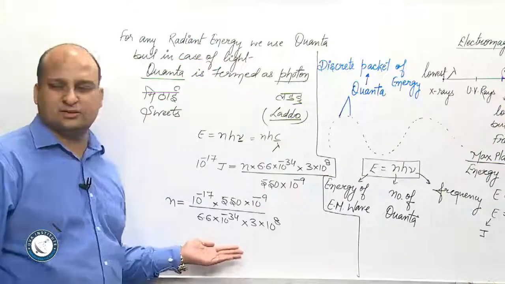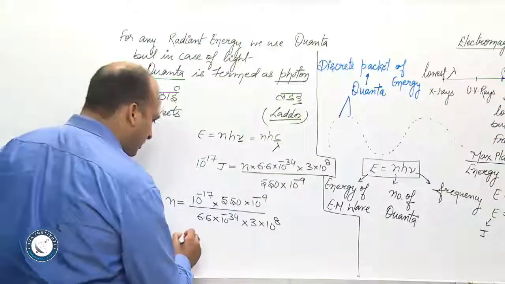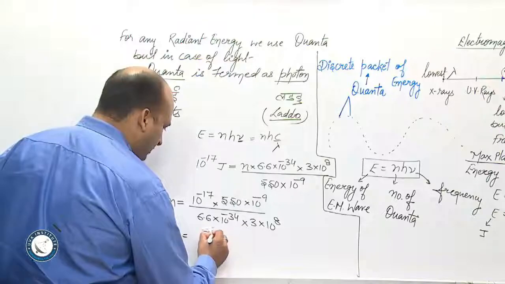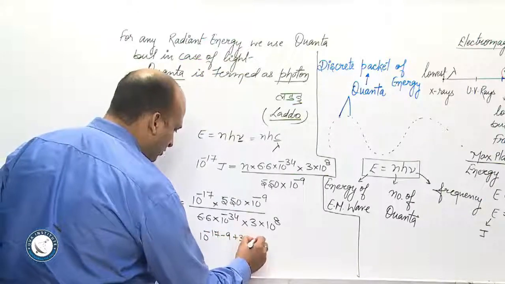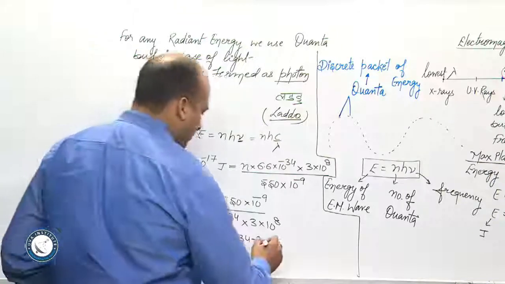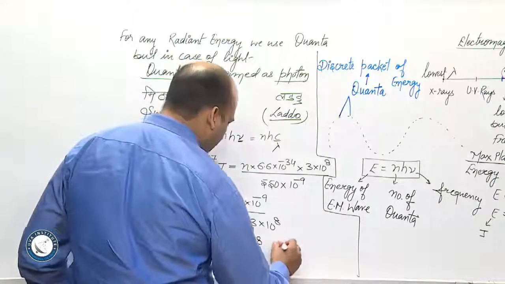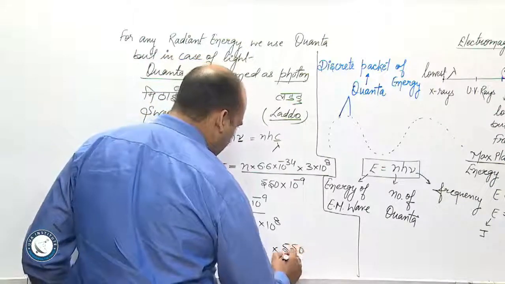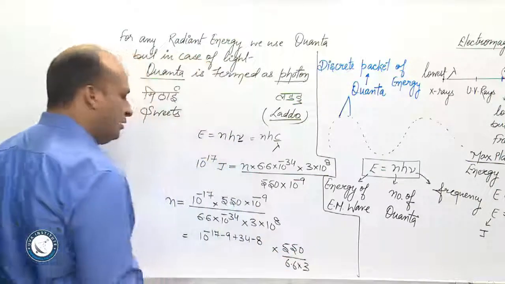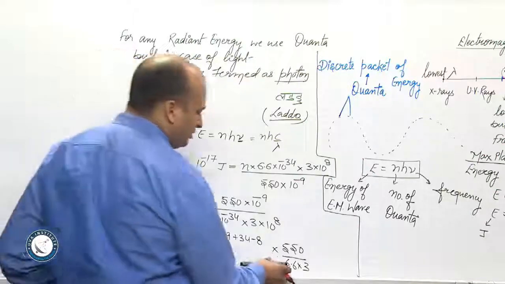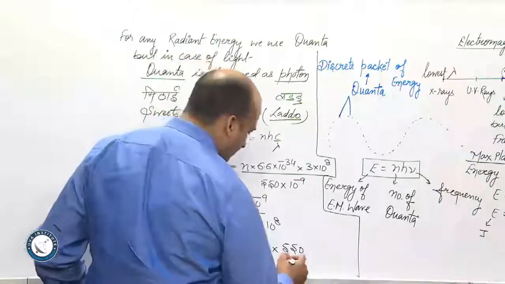Now you guys can solve it out. This will be 10 raised to power minus 17 minus 9 plus 34 minus 8 into 550 upon 6.6 into 3. So 6.6 into 3 can be approximately written as 20.